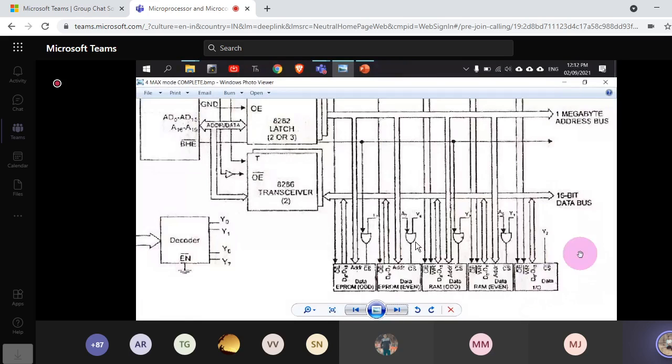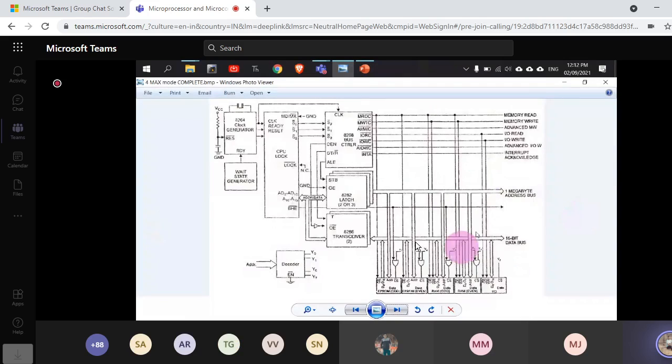This is, however, not the full mode of operation of 8086 in maximum mode, because you do not see any other processor here. Typically, many other 8086 processors or an arithmetic coprocessor like 8087 can be connected, and you have to use these control lines so that other processors can be connected to the system, right?